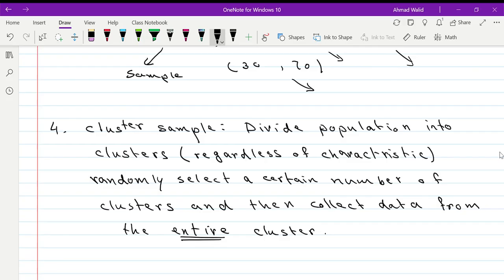No, it should be regardless of any characteristic. I will just divide you as clusters. Then I'll collect data from the entire cluster. Correct? This is the fourth way of sampling, which is really important.